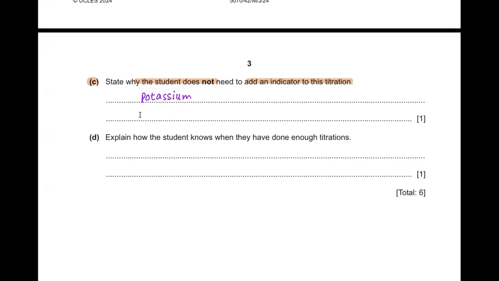So now if you are going to add the next drop, what is going to happen? Is that next drop going to react? No. It is a purple color, right? Yes. So instead of reacting, now it stays, but there is a whole lot of colorless solution and that purple drop diffuses in it, it gets mixed and as a result, the whole solution goes pink, indicating that the titration has been completed.